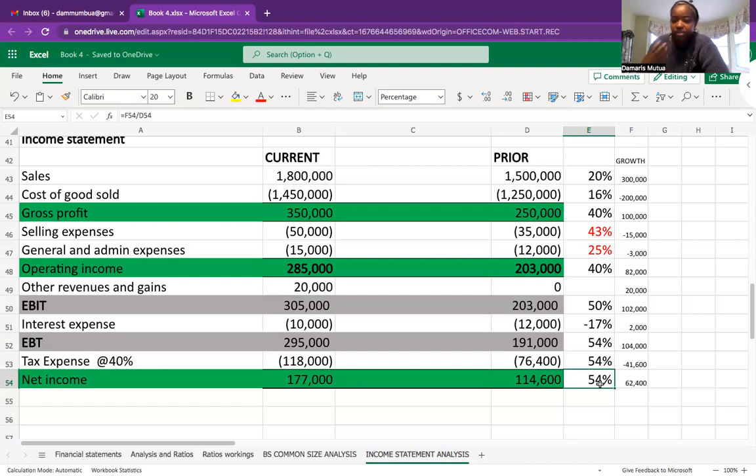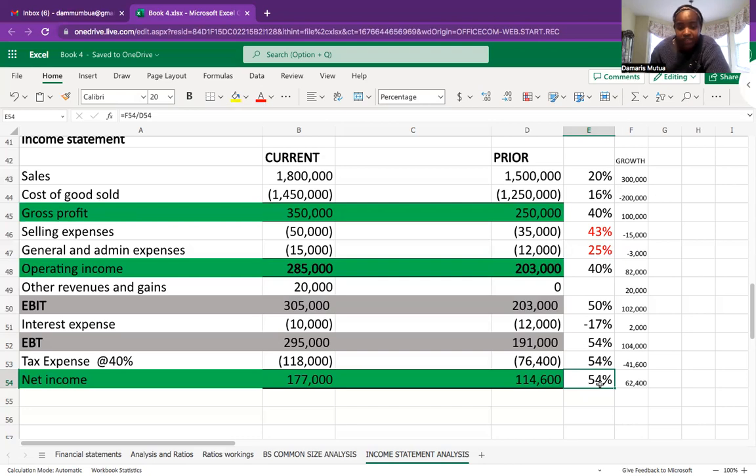But as an organization, you need to look for ways how you can even grow it further. Let's say, for example, if we reduce our selling expenses, the bottom line is going to be even much better. If we reduce our general expenses, if we can see ways of cutting on the general admin expenses, the bottom line is going to be better.